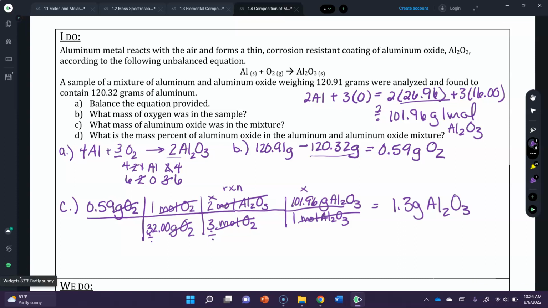Okay, now from there we can determine D, which says what is the mass percent of aluminum oxide in the aluminum and aluminum oxide mixture. So we're going to start with D. We know that the mass of aluminum oxide, what it's asking us about, is 1.3 grams, and that the mass of the total sample was 120.91 grams.